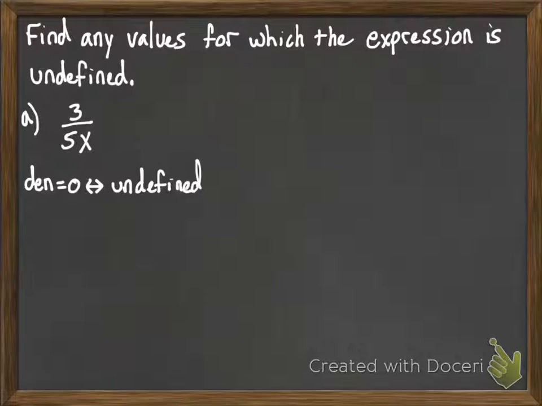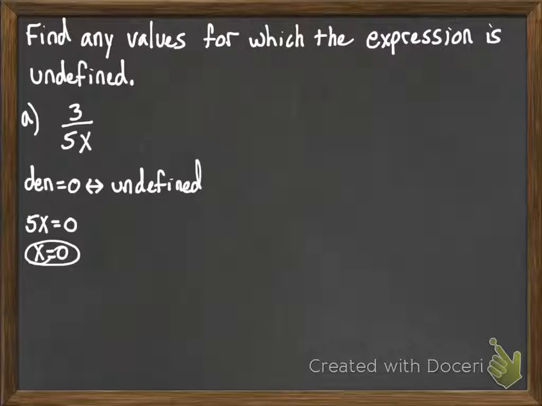Being undefined for these fractional expressions means that the denominator must have been 0. So we need to find out when the denominator of this is equal to 0. So we set the denominator equal to 0 and then solve that equation. And solving that equation, we find out a value of 0 would make the denominator 0, and so therefore a value of 0 would make the rational expression 3 over 5x undefined.